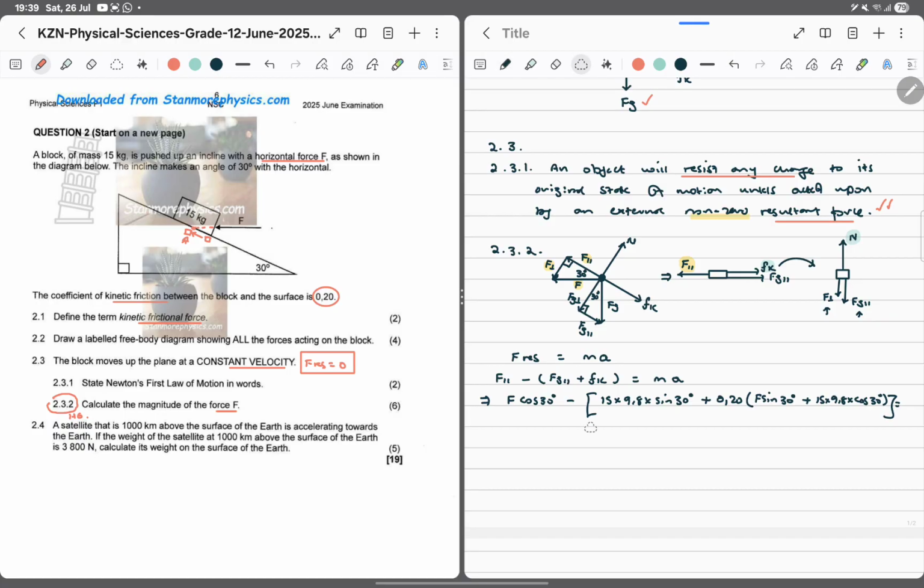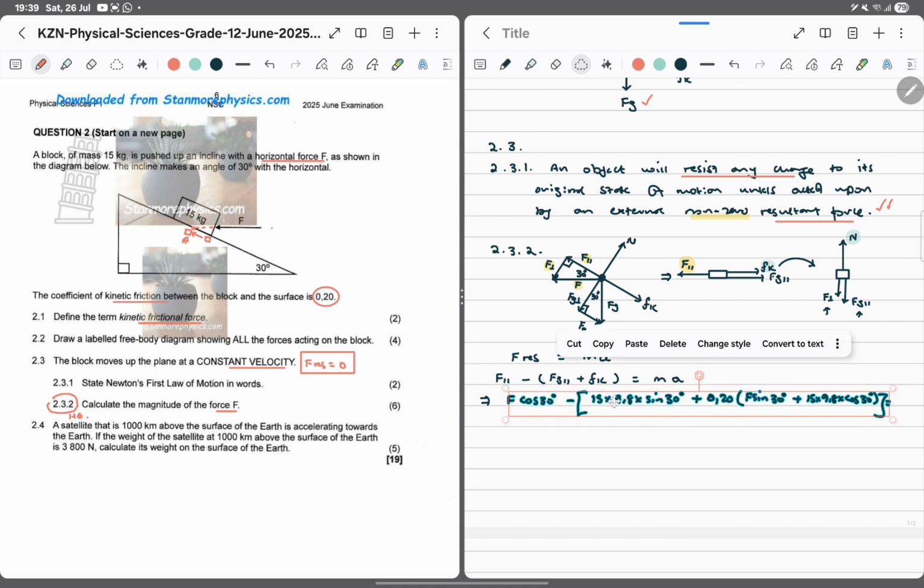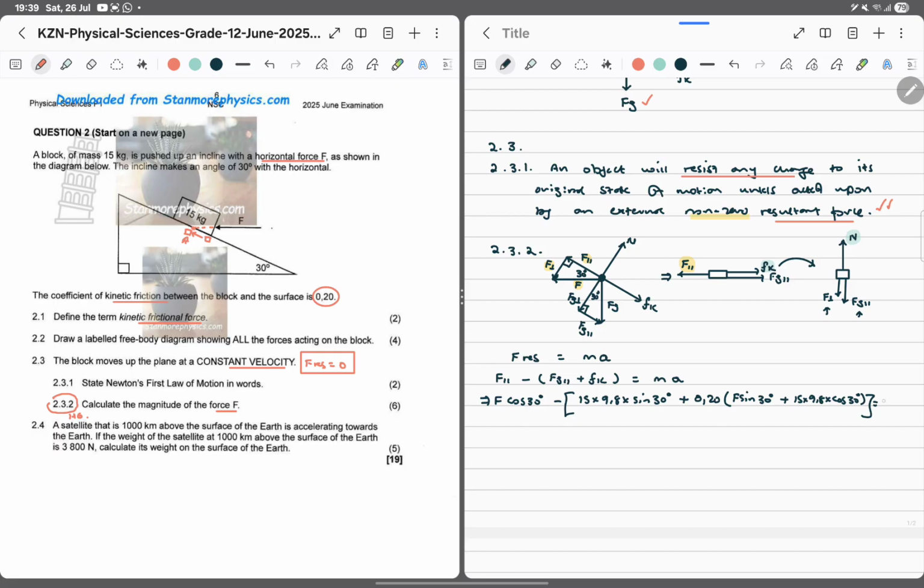Okay, it looks like we need to move things a bit back so that we can have enough space to write our equation in full. So this is going to be 15 into 0 because there's no acceleration. Now we know, folks, that this has F in it and this one is going to have F in it.